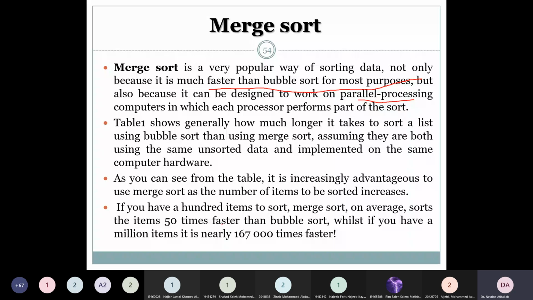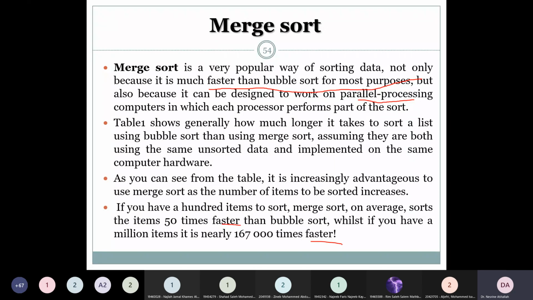Because the number of operations is lower. So we have 3 types of sort: the selection sort, the bubble sort, and the merge sort. And we see that the merge sort is the most popular and the faster way to do sorting.